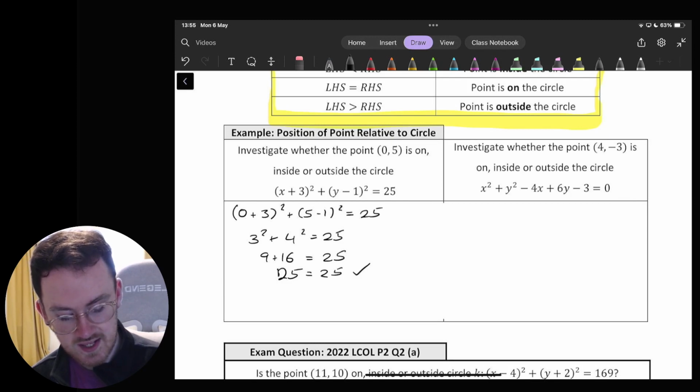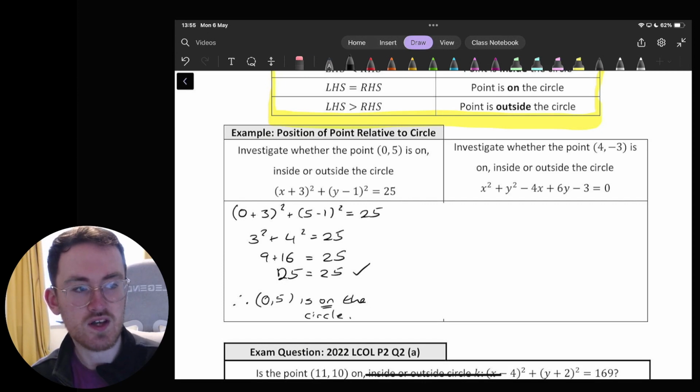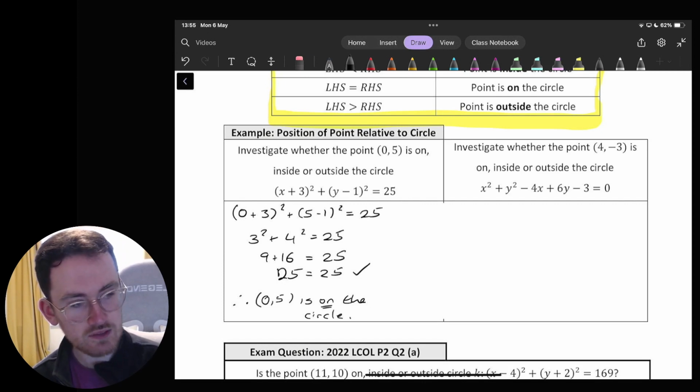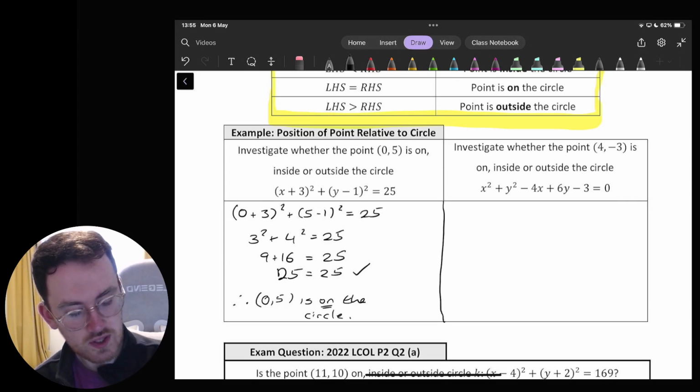Because it's exactly equal, that's going to tell me that the point 0, 5 is on the circle. Because I've ended up with something that is exactly equal, my point must be on the circle.